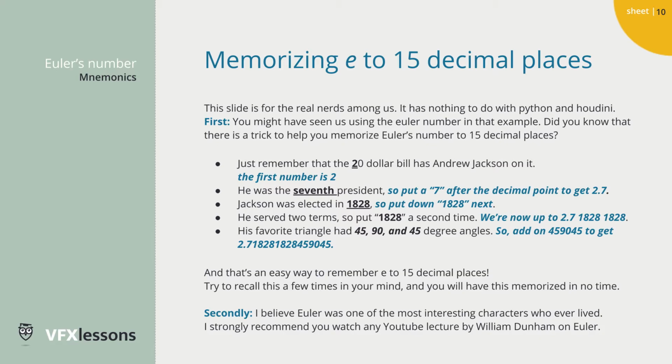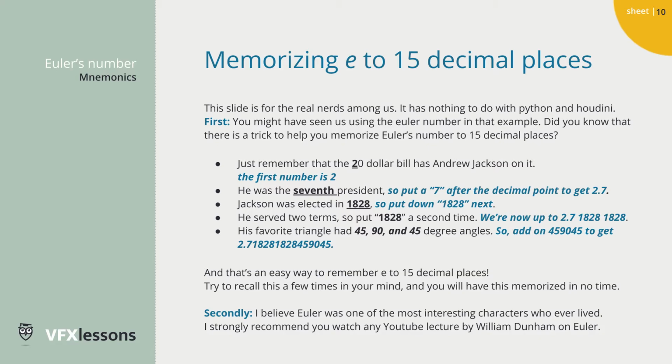So the first number of the Euler number is 2. He was the 7th president, so put a 7 after the decimal point to get 2.7. And Jackson was elected in 1828, so put down 1828 next. He served 2 terms, so copy that and put 1828 a second time. So now we are up to 2.7, 1828, 1828.